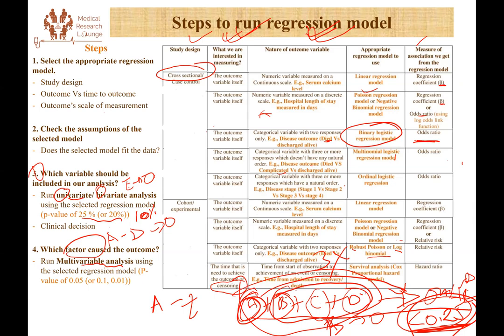So the effect of smoking on the development of lung cancer is 3 times higher as compared to not smoking after controlling for age, gender, and history of exercise. Unless we control potential confounders, we can't get the pure effect of an exposure variable on outcome. So multivariable analysis is important to answer the question, what factors caused our outcome?